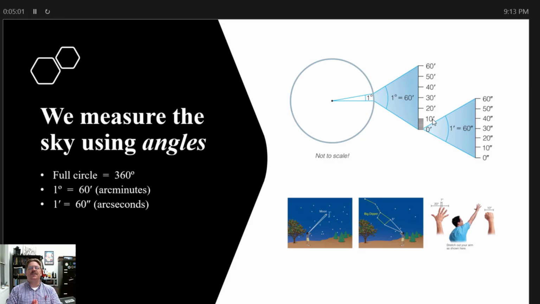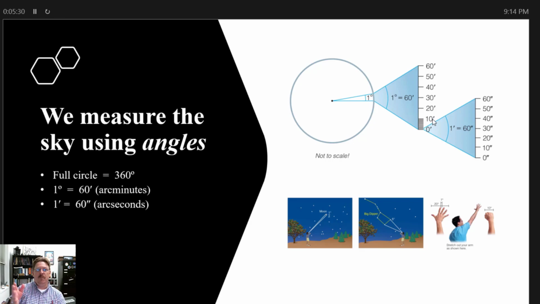Now, we're going to be using the sexagesimal system developed by the Babylonians, where a full circle is 360 degrees, or a sphere encompasses 360 degrees. 1 degree can be split into 60 arc minutes, very much like 1 hour can be split into 60 minutes. 1 arc minute can be split into 60 arc seconds, and so forth.